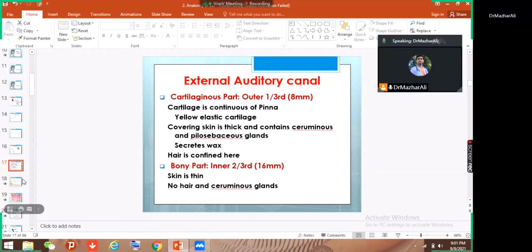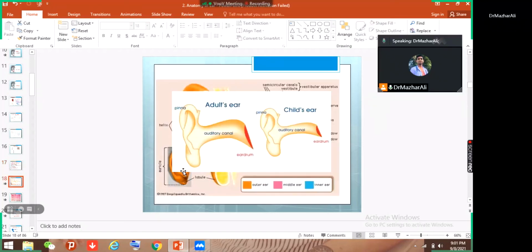Then what is the difference between the adult ear and the child ear? In the adult ear, you can see the auditory canal and eardrum. In the child ear, also the auditory canal and eardrum. The adult auditory canal has a little bit more diameter compared to the child, because some structures in children are different from adults, according to shape and structure.